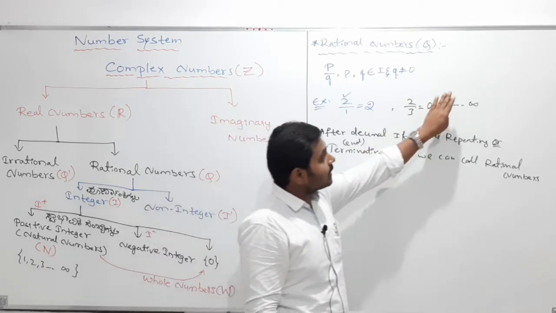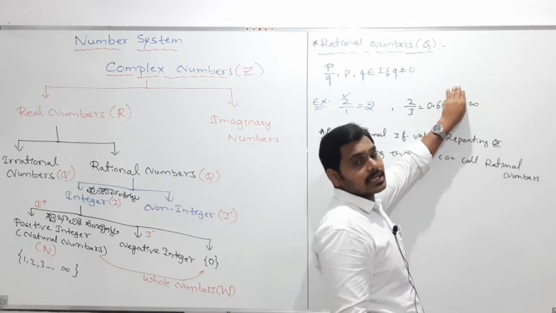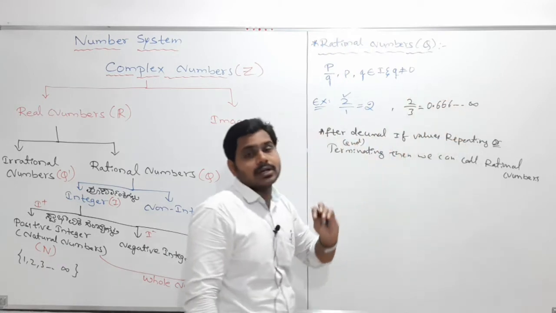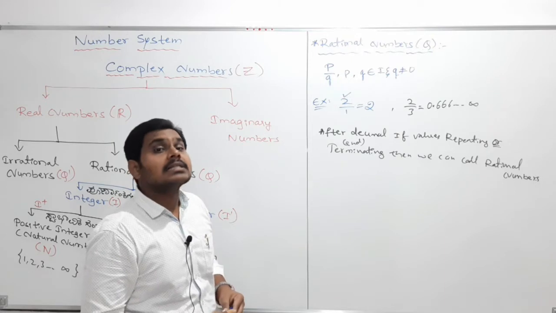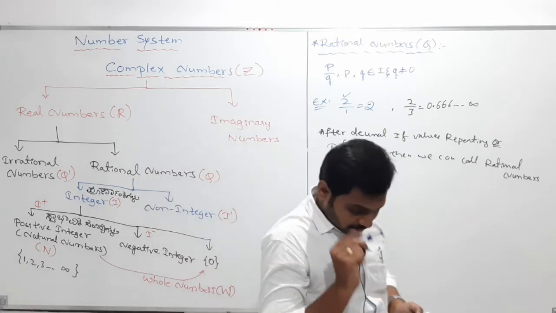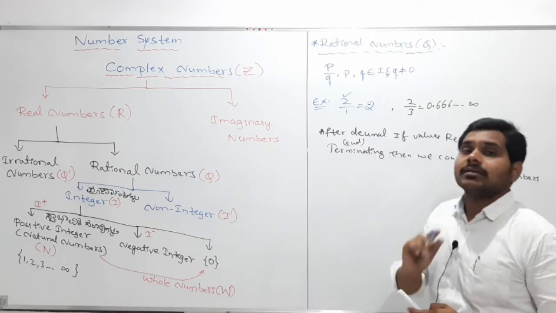Terminating means that if I write only 0.6, then we can say that after the decimal the value is terminating. Clear? But here it is 0.6666 and so on, which means the value is not terminating.